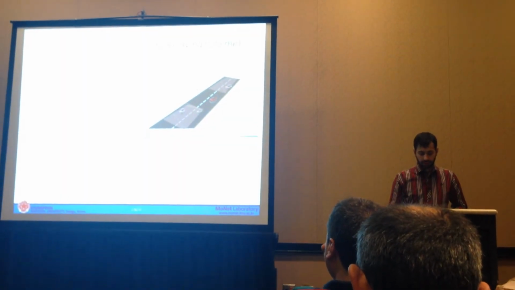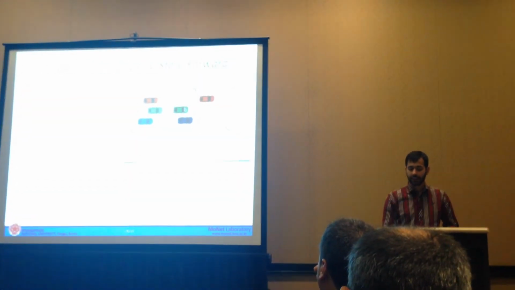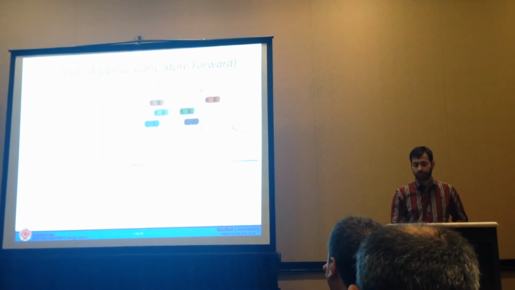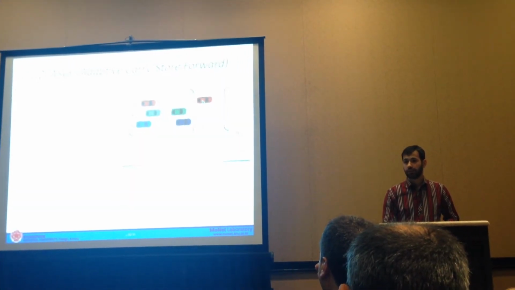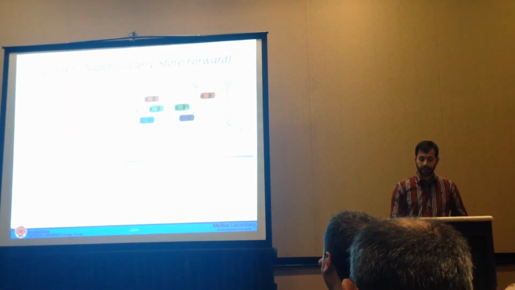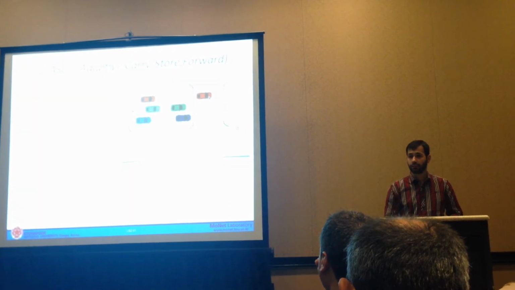So one of these vehicles can be selected as a relay, because there is a possibility that one of them will be within inter-vehicle communication range. So this vehicle can act as a relay to provide some connectivity to this vehicle.